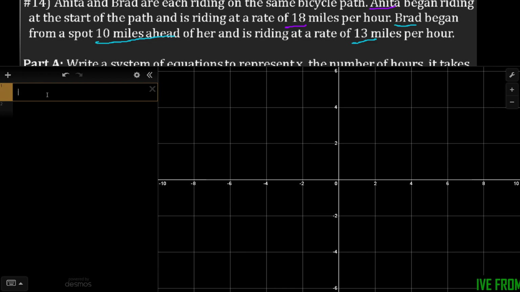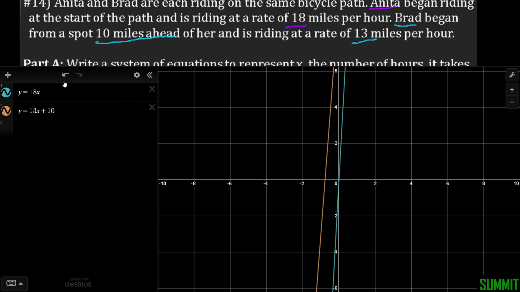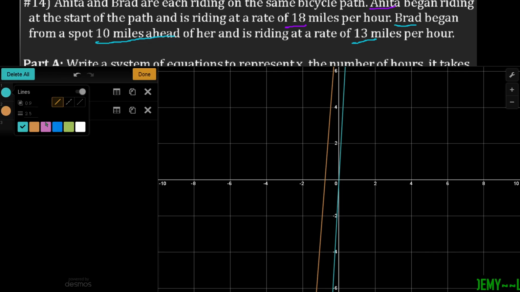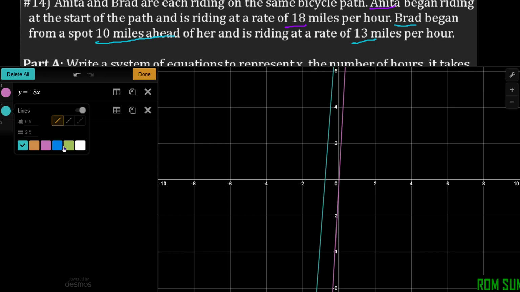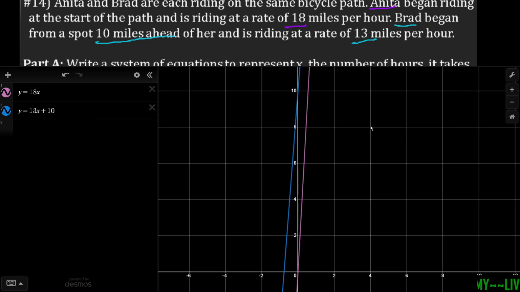One of the equations is y equals 18x, and my other equation is y equals 13x plus 10. And if we look, notice how I have two lines. Actually, let me switch those two colors real quick. We did pink and blue, we'll say. We'll do blue. Okay, so we said Brad was blue and Anita was the pink one.